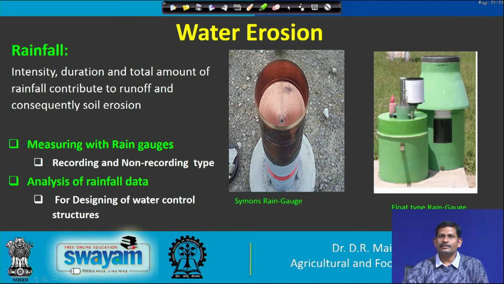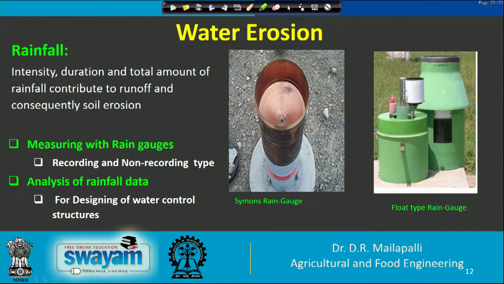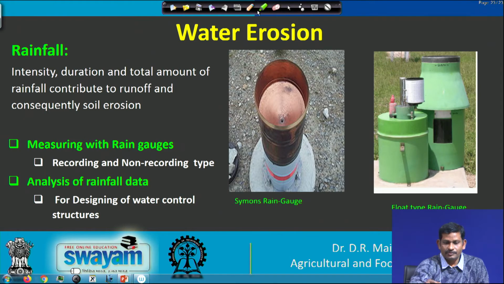That will be very important in order to design the structures to control the erosion. In the last lecture I talked about most of these rainfall measuring devices. Broadly they are classified as recording and non-recording.